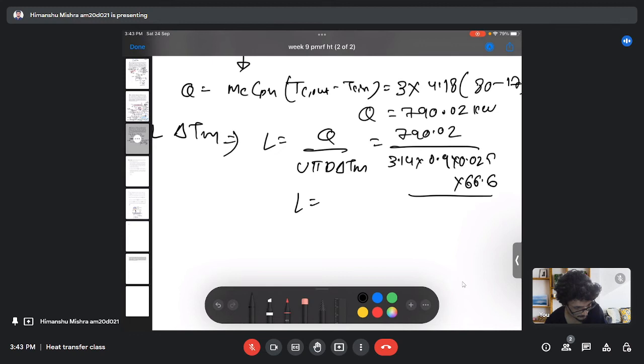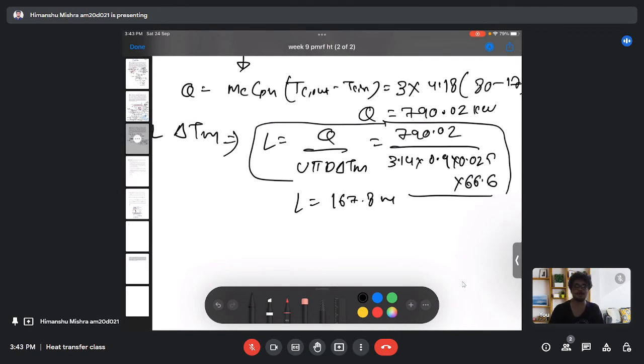On solving this, my length would come out as 167.8 meter. So we found the length using the log mean temperature difference.